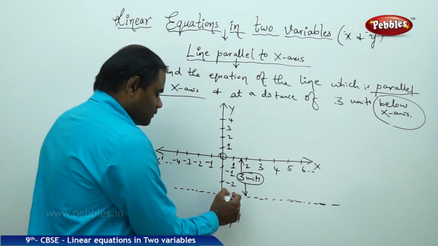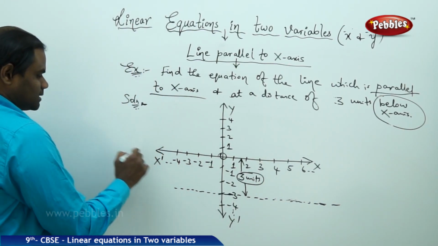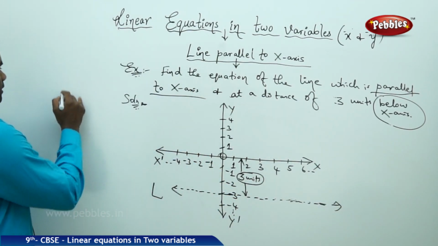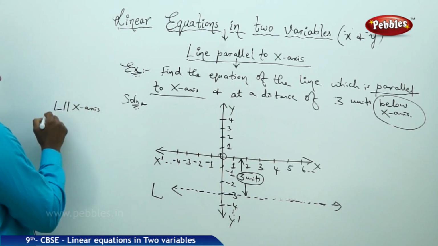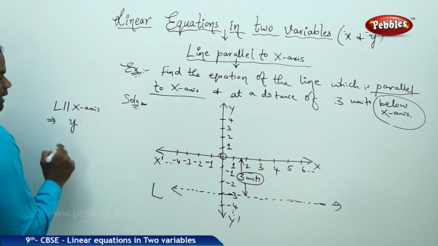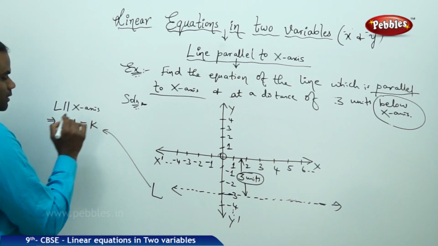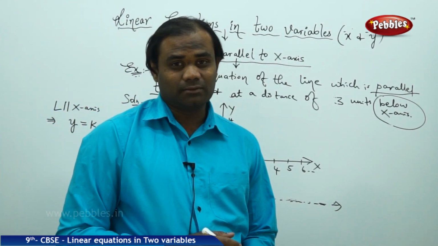Now in order to find the line, we know that any line which is parallel to x-axis, say this is the line L, so L parallel to x-axis implies the line L can be expressed in the form y equals k, because any line parallel to x-axis is of the form y equals k.